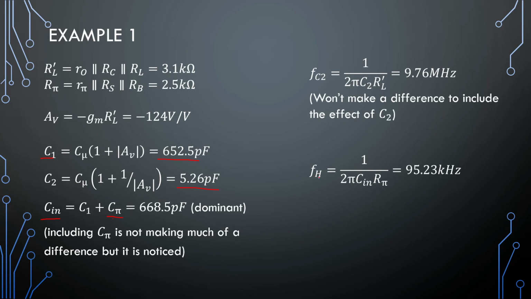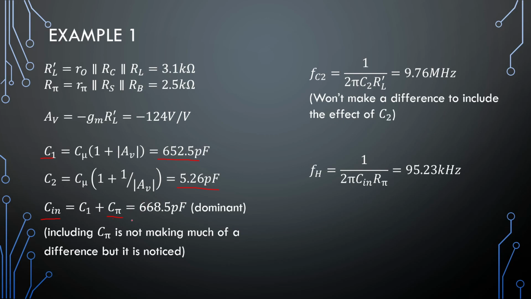For the higher frequency, we are typically looking for the lowest frequency of the high frequencies. Okay, so we will typically have our dominant being the lowest frequency. Including C pi here is not making much of a difference, but it does get noticed. Okay, 6.5 and 6.8. 6.5 and 6.6. That is kind of noticeable.